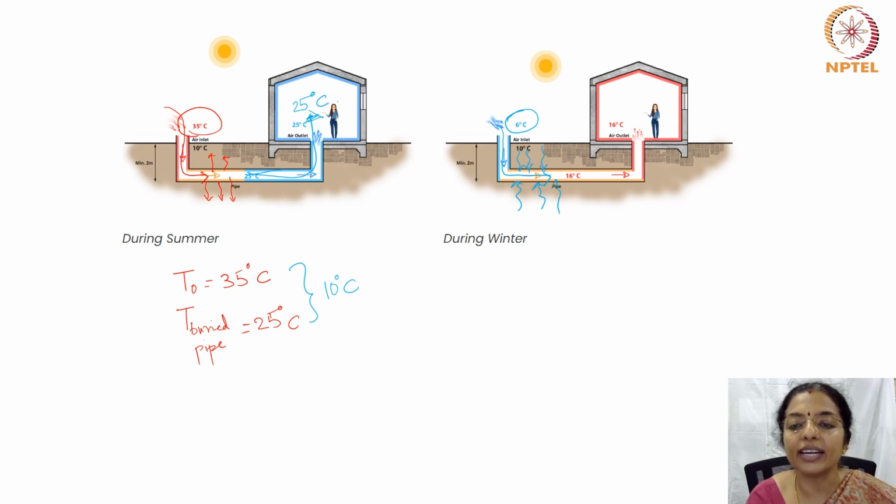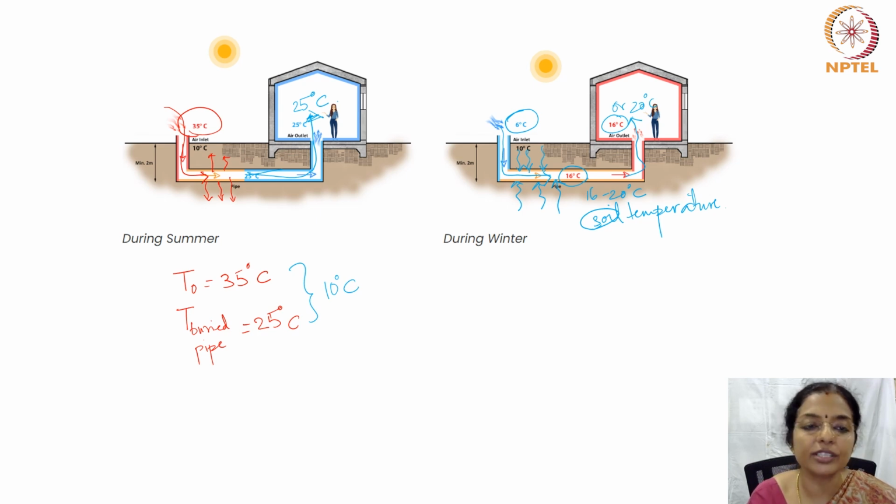In winter, it absorbs, and it becomes either 16 or 20 degrees centigrade, and this air enters the room at about 16 or 20 degrees centigrade depending upon the soil temperature of that place. I am only telling you the principle of how it works during summer and during winter.